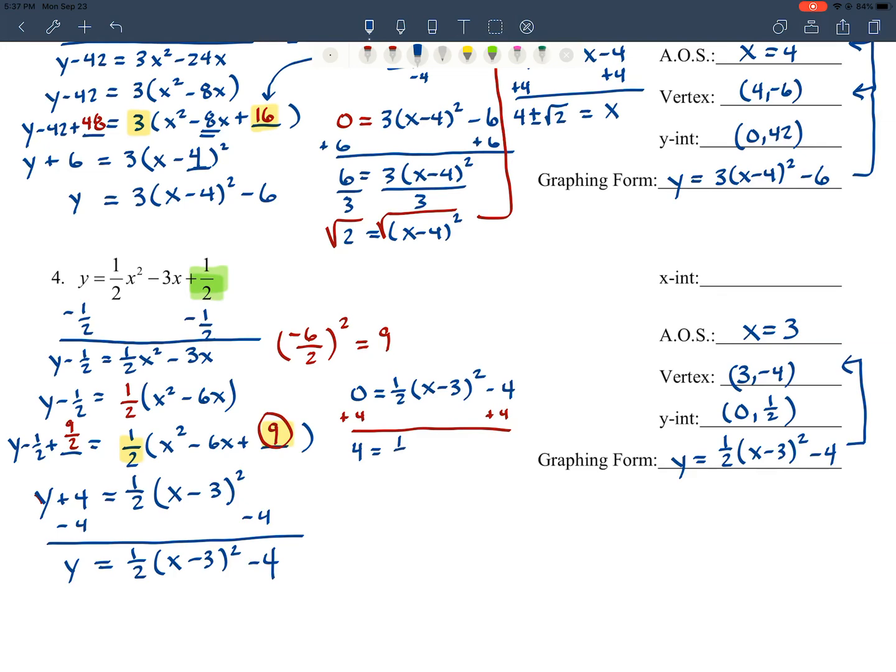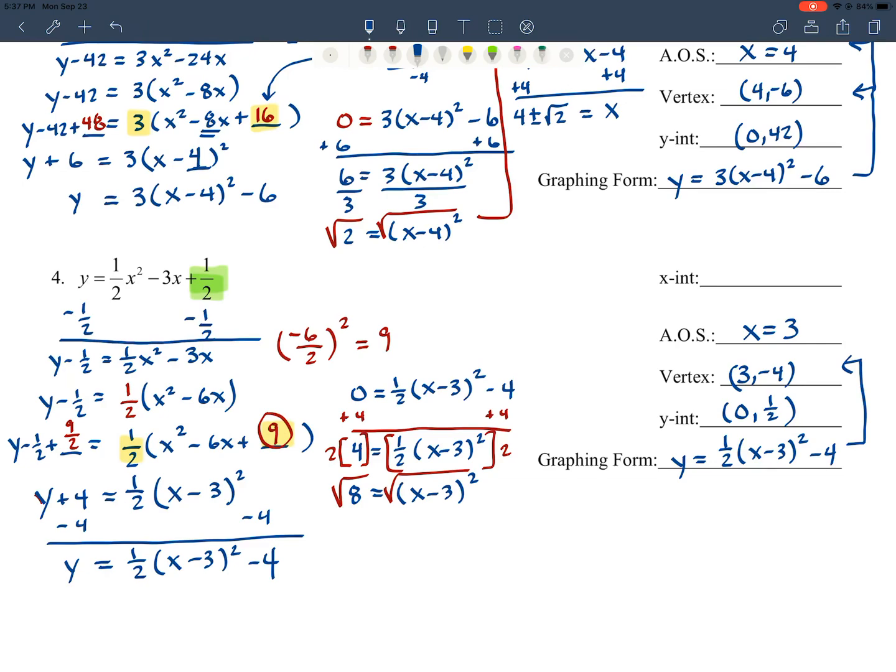So 4 is equal to 1/2 times the quantity of x minus 3 squared. Let's multiply both sides times 2 now, to get rid of the 1/2. So 8 is equal to x minus 3 quantity squared. Let's take our square root.